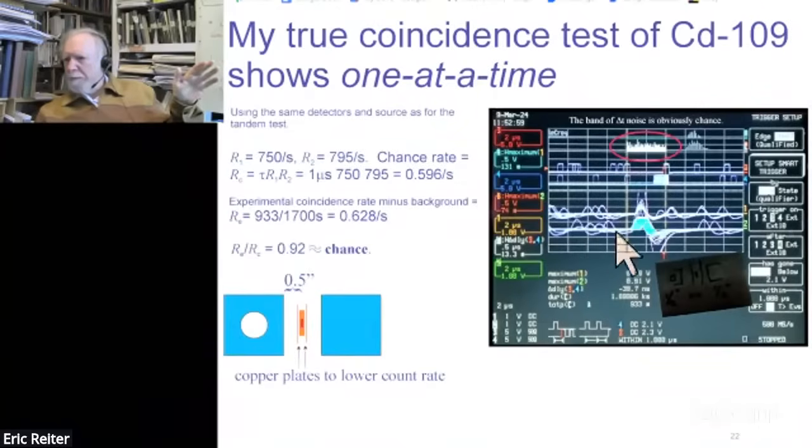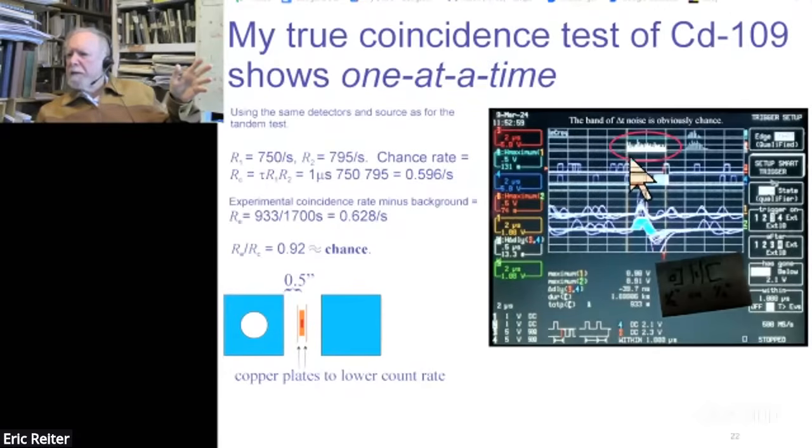You work the numbers as to what are the rates in each detector, the rate in the first, second. Then you calculate the chance rate. The chance rate uses this tau, the time factor. And what you do there is you use the same tau in both cases for the chance calculation and for the experiment.